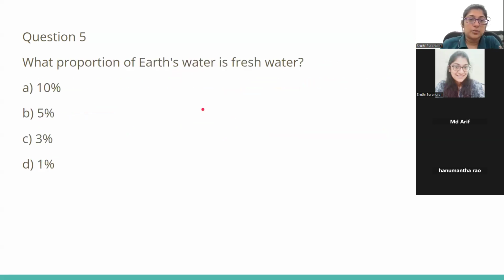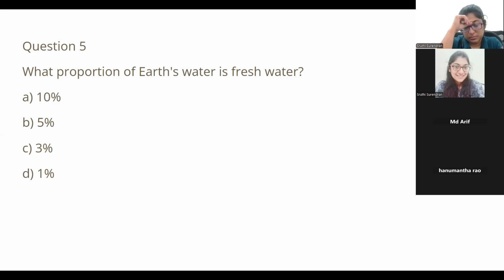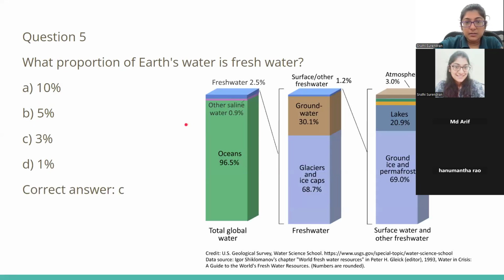Next question, what proportion of the earth's water is fresh water? Correct answer is option C.